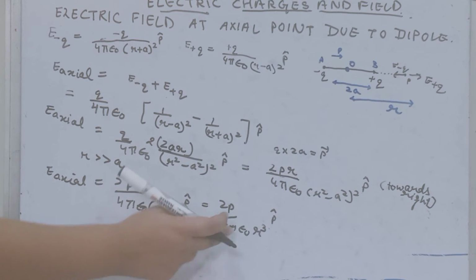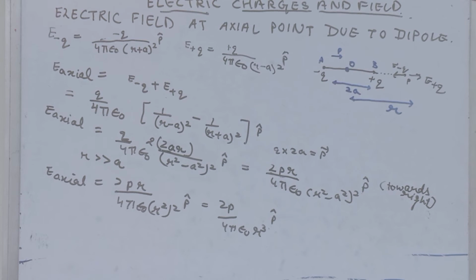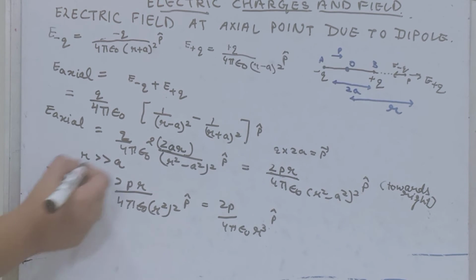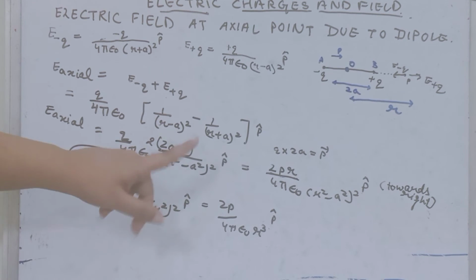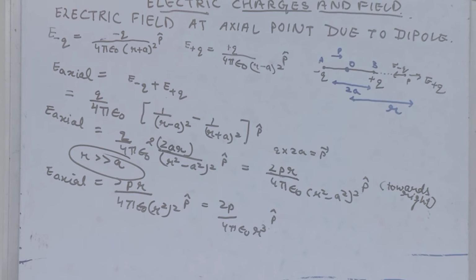Fine. So this is the electric field at the axial position for this special case, which is R is very greater than A. That is, if we have to find the electric field at a very large distance. Fine. And direction of the electric field will be along the direction of the dipole moment, that is towards right.